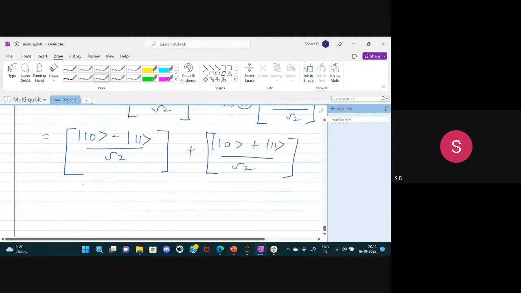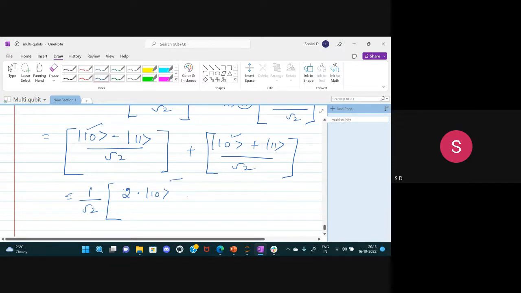Okay, so we have the same root 2 denominator, so we can add the numerators and take the denominator outside. So we have 2 times 1 0, right? So we can write it as 2 into 1 0, and then we can cancel minus 1 1 plus 1 1.